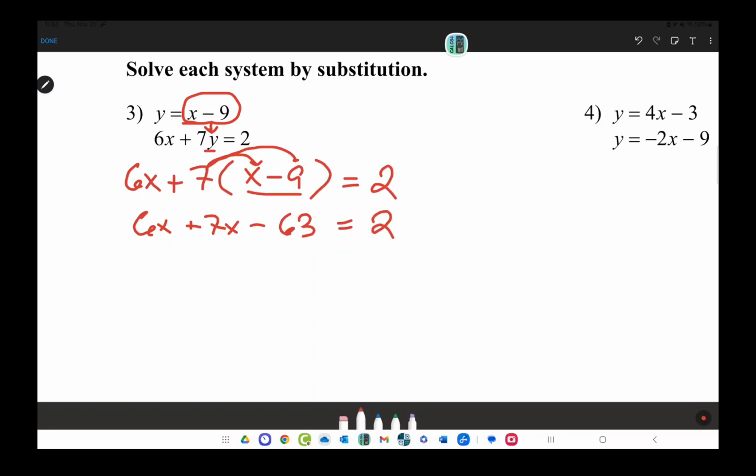Don't forget to multiply both by 7, not just the x. Combine your like terms here. 13x minus 63 equals 2.